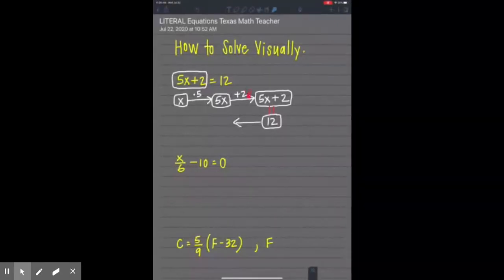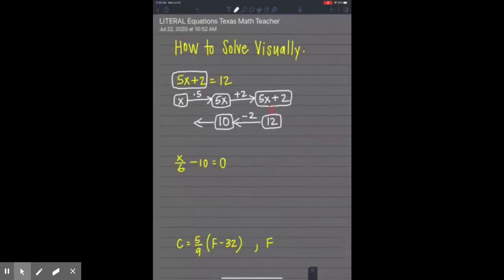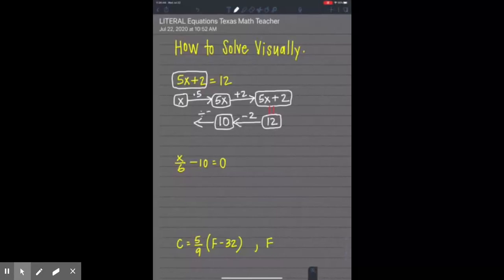So we added 2 here. So the opposite of adding 2 is subtracting 2. So I'm going to do that. So I do 12 minus 2 is 10. And then I'm going to undo the last part, which is multiplying by 5. So the opposite of multiplying by 5 is dividing by 5.